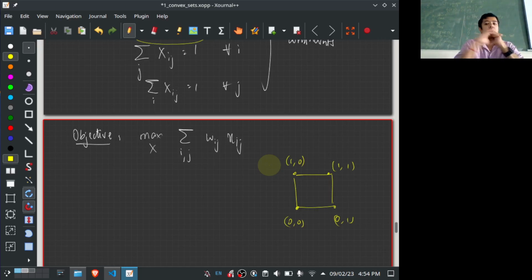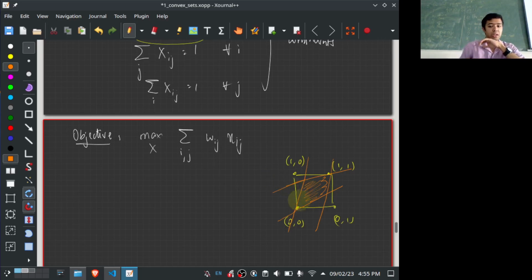Now I impose certain linear constraints. Maybe the constraints are defined by the following lines, which look like this. So my new constraint polytope would basically be this region.